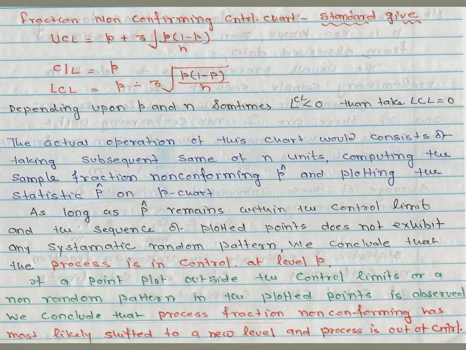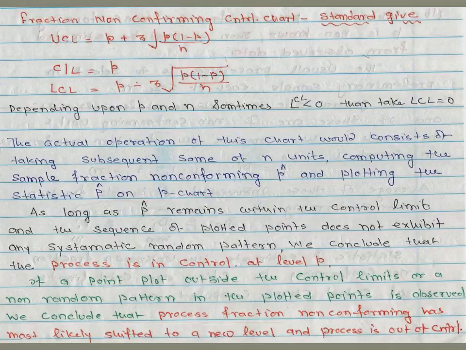So depending upon the value of P and the sample size, sometimes when we calculate the lower control limit, the value may come out negative. So whenever a negative value comes, then we assume that the lower control limit is equal to 0.